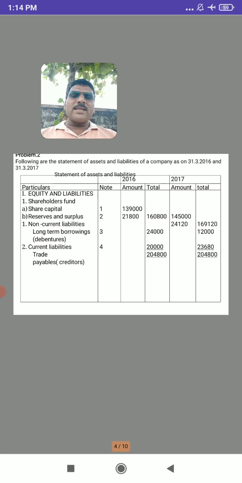Following is the statement of assets and liabilities of the company as on 31/3/2016 and 31/3/2017. 2 years' information is given here.